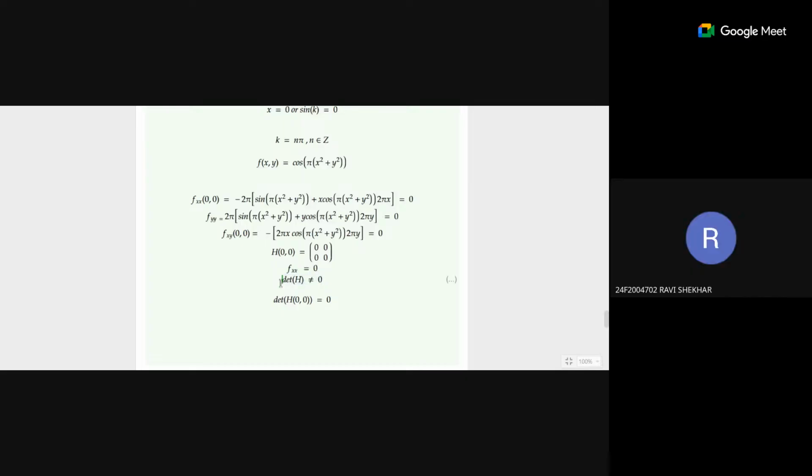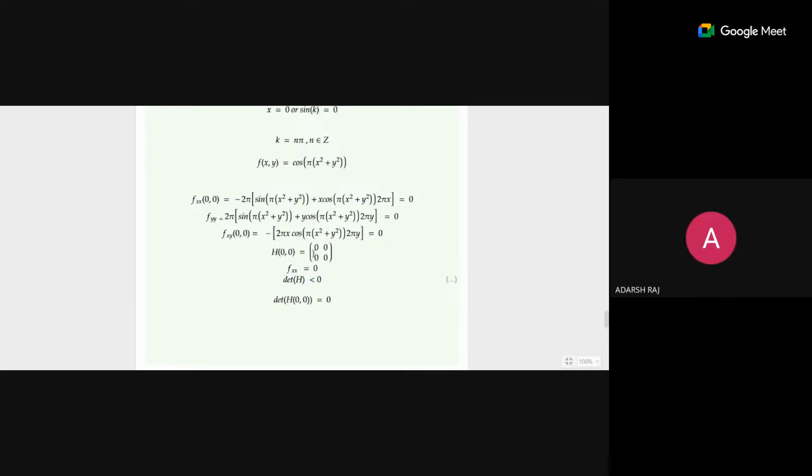In the rule, it is given that whenever the determinant is less than 0, we say that it's a saddle point. Whatever be the value of fxx, it doesn't matter.